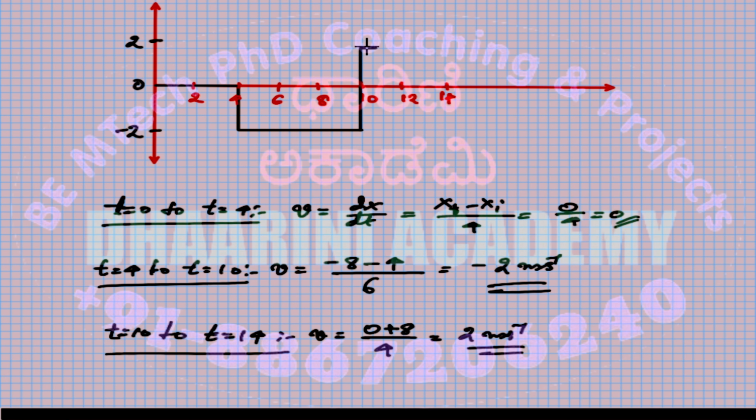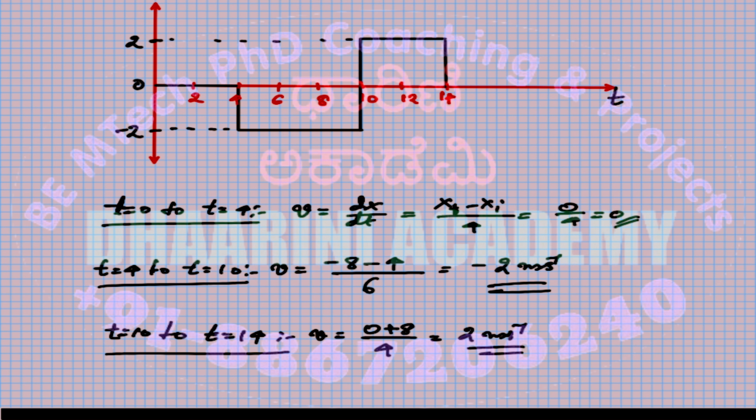the resultant graph looks like this. So this is the required answer.